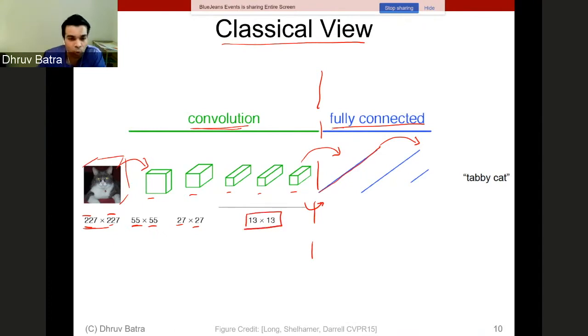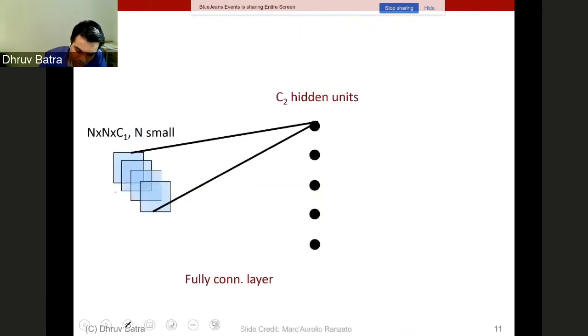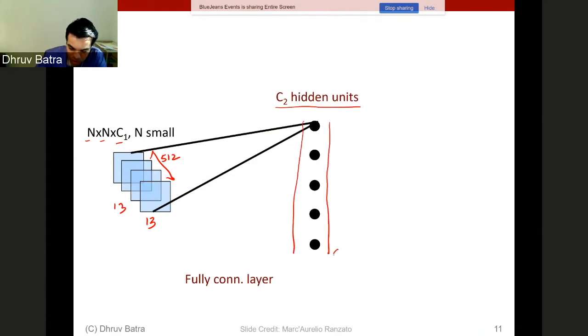It is common to go down to 13 by 13, 7 by 7, 5 by 5, or whatever. So basically, there is a small 13 by 13 by maybe something large like 512 channel dimension. So an n by n by C1 tensor that we then have to convert into a long vector of size C2.